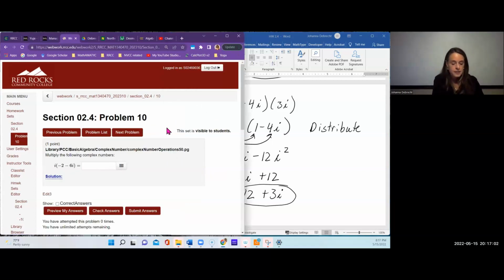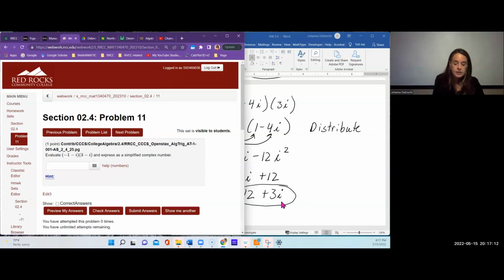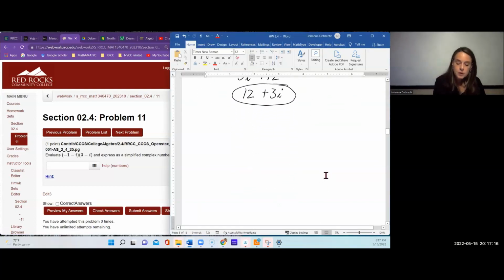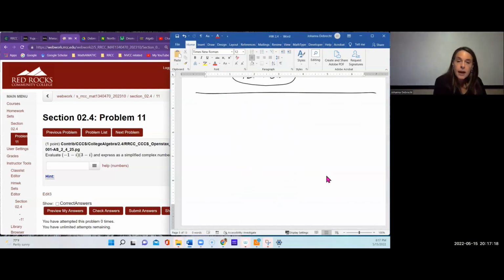The next problem is essentially just like the previous problem, where you'll distribute the I over both of the terms on the inside of the parentheses. The problem after that, however, is a little bit different. It is similar to a binomial multiplied by a binomial, and we can use the same FOIL process that we use in the United States to multiply them out.